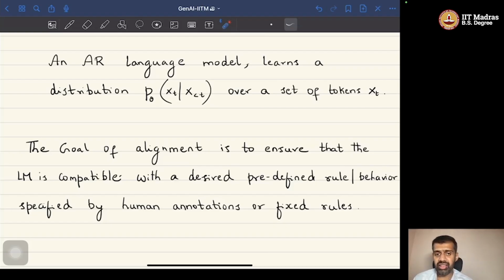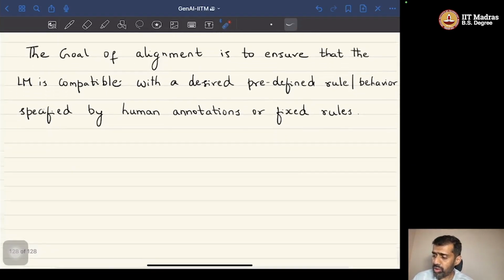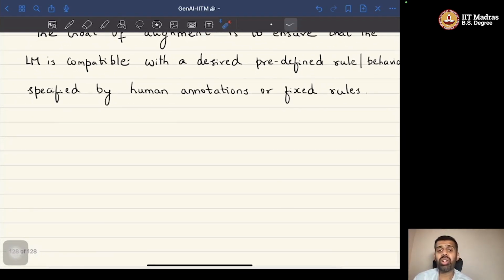Now, to ensure that the output of the language models is regulated in a way that is compatible with human behavior, it has to be retrained again using some methods which would ensure that the output of the language models is compatible with the desired expectation of human users. With this as the goal, people came up with a lot of algorithms that are based on reinforcement learning, which fits in very nicely within the realm of alignment of language models.